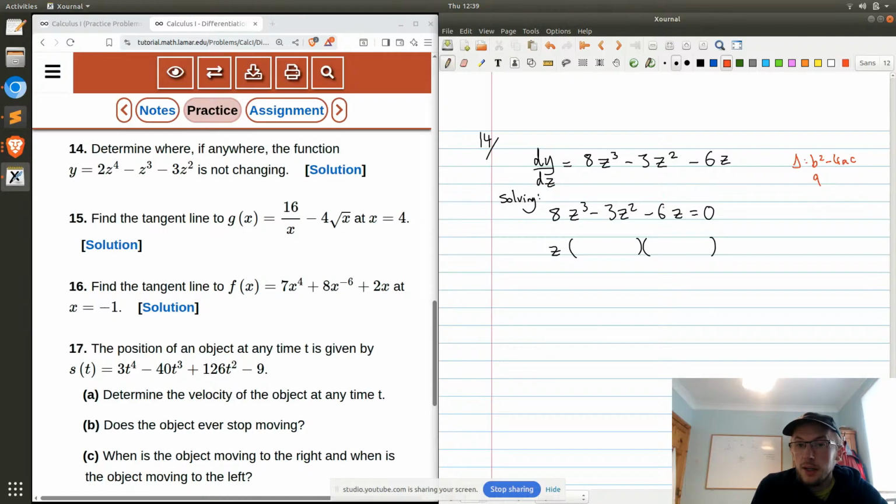Minus times a minus, that will make a plus. And then 4 times 48, so that's 192, which gives 201, which is not a square, so it can't be factored, I believe.